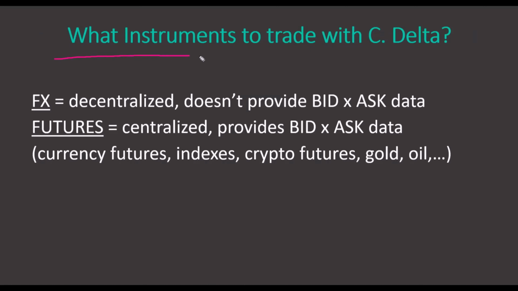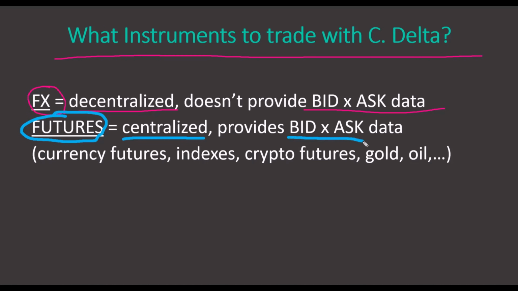Now, what instruments to trade with the cumulative delta? I know you guys may be wondering if you can trade forex with it. Unfortunately, forex is decentralized and it doesn't provide bid and ask data. So unfortunately, you can't use cumulative delta for forex, but you can use it for all futures markets because futures are centralized and they provide bid and ask data.